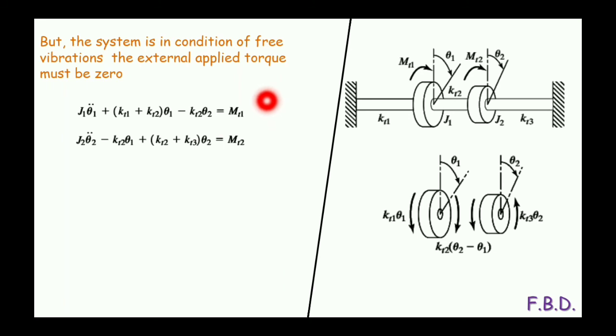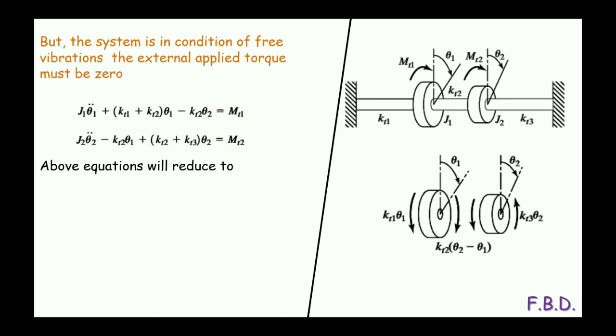For the condition of free vibrations, the external applied torque must be 0. Remember, if it is a forced vibration, then these two forces will exist throughout the analysis. As it is free vibration, these two terms will be treated as 0.